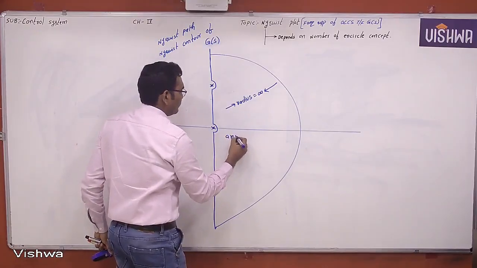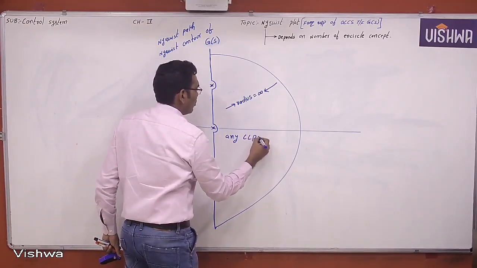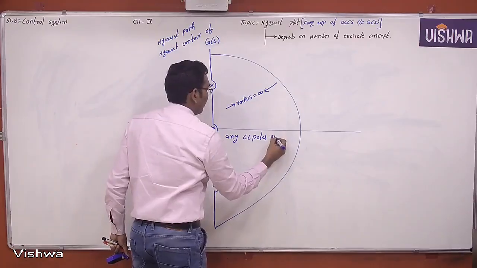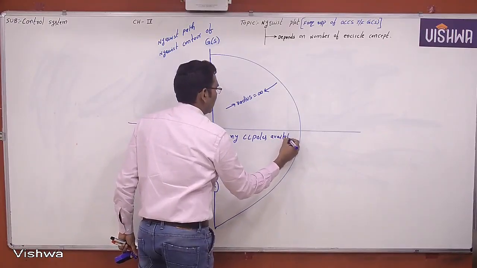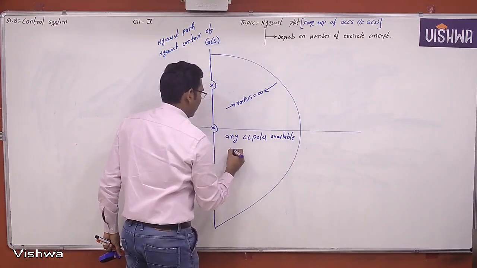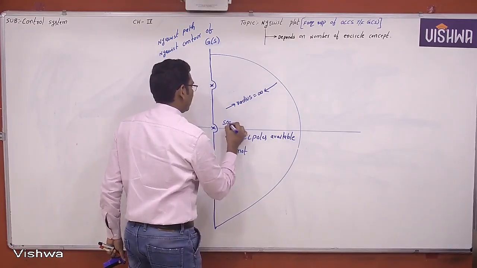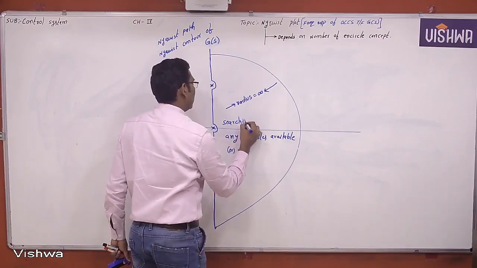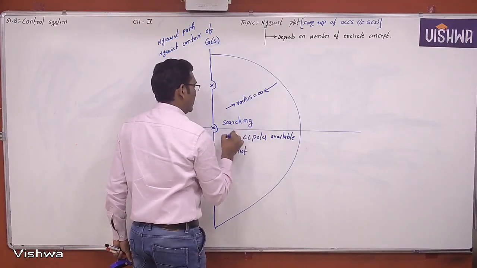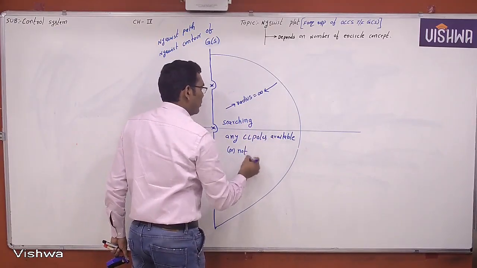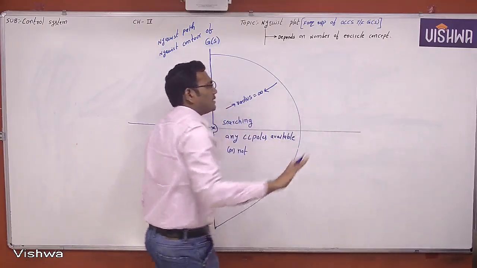for any closed loop poles available or not. Nyquist is searching, finding whether any closed loop poles are available or not in the entire right hand side of S-plane.